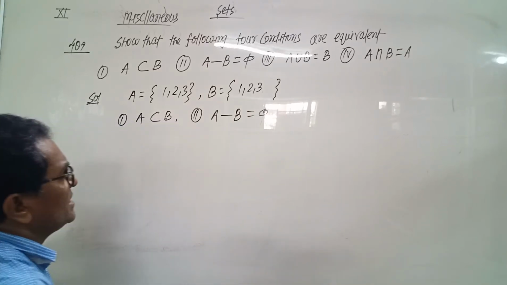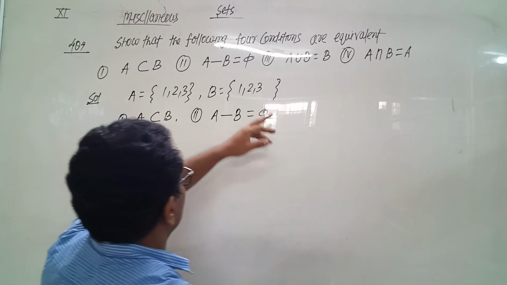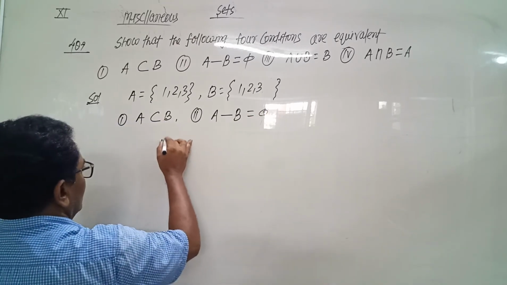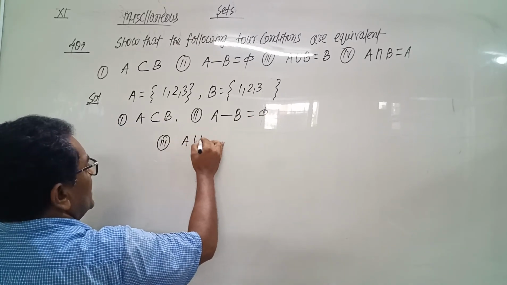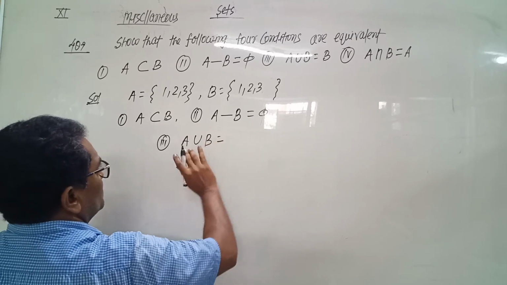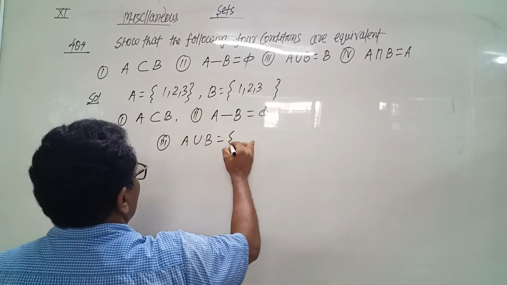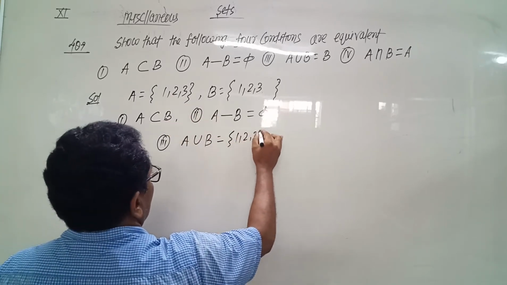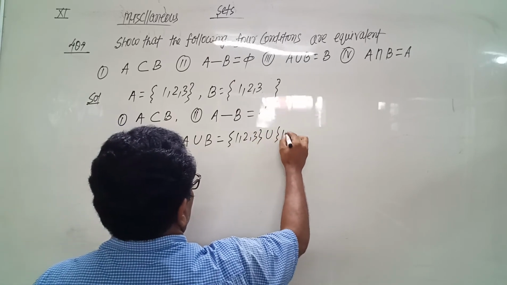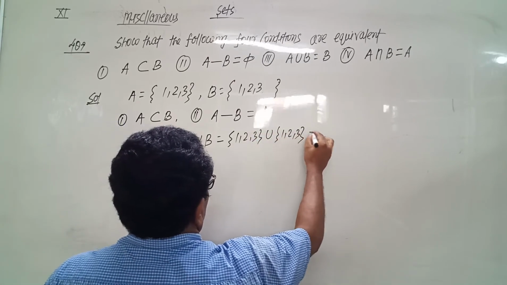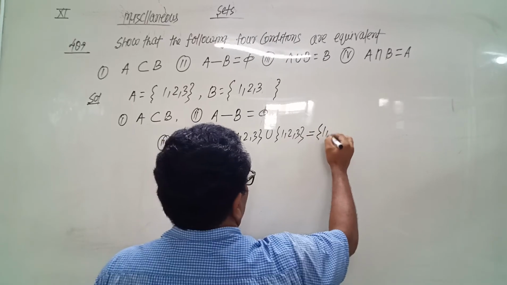So A minus B equals to empty set, and the third condition A union B equals to B. So A union B means {1, 2, 3} union {1, 2, 3}, which is {1, 2, 3}.